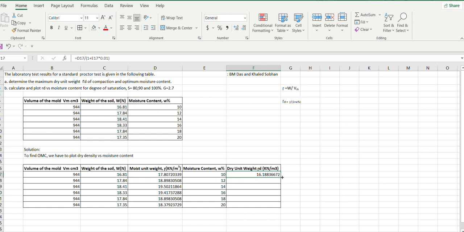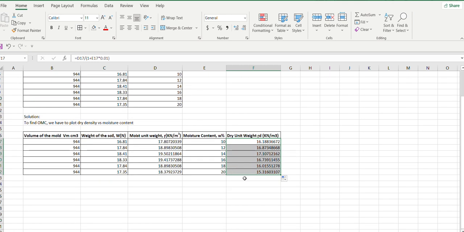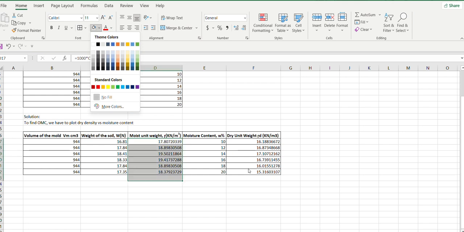So we get the dry unit weight 16, and likewise we find the dry unit weight for all the values. And now we have the required values. These two are the values that we had to calculate.